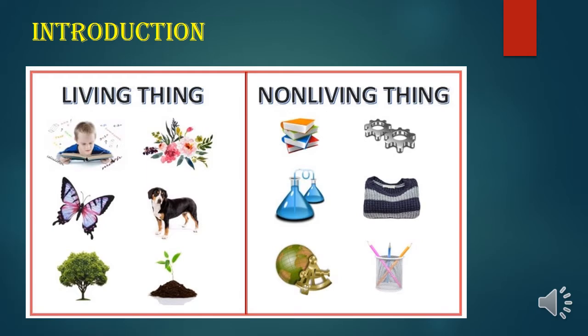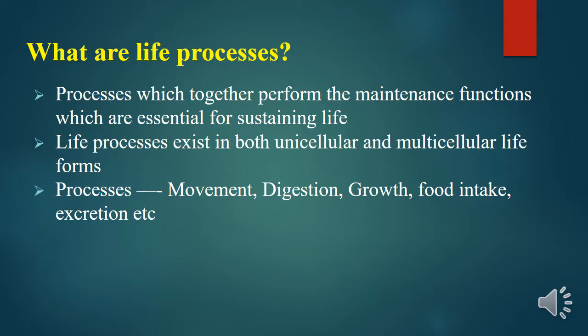So the next topic is, what are life processes? The processes which together perform the maintenance functions which are essential for sustaining life, we call life processes. It exists in both unicellular and multicellular organisms.